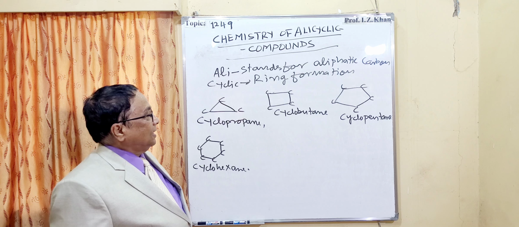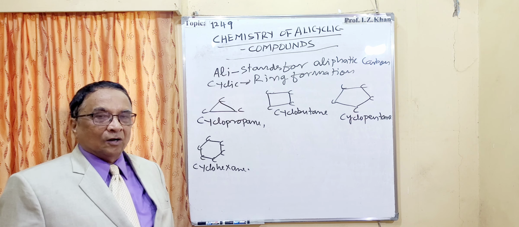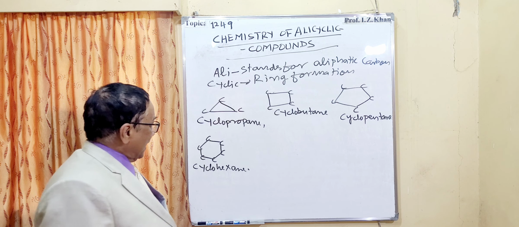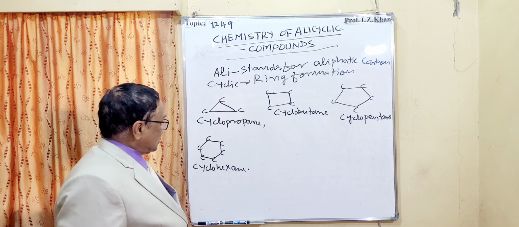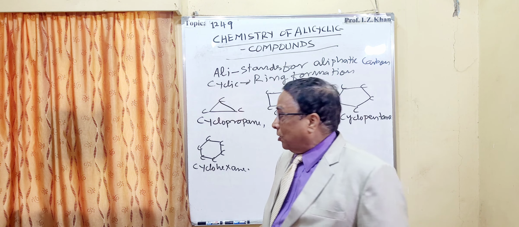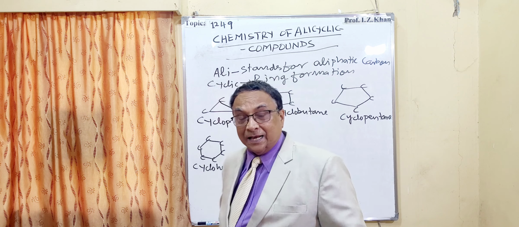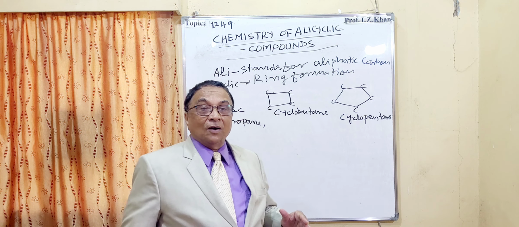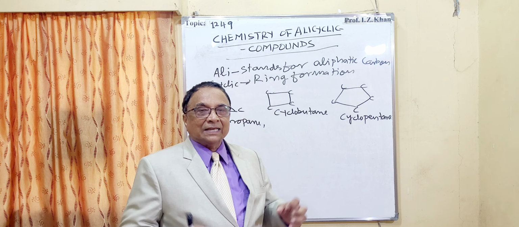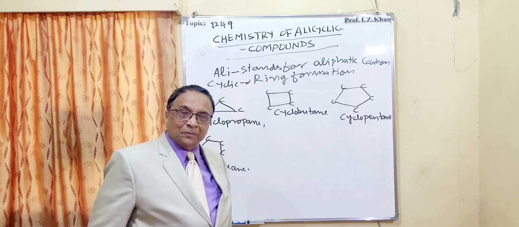And the third one, where 5 carbons are involved to form the ring or cycle, that is called cyclopentane. And the last one here, where 6 aliphatic carbons are involved to form the cycle or ring, is called cyclohexane. And when we are talking of alicyclic chemistry, alicyclic compound, all these rings, they have different behavior.